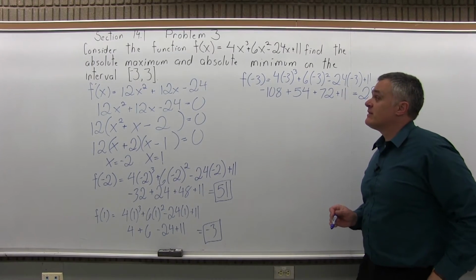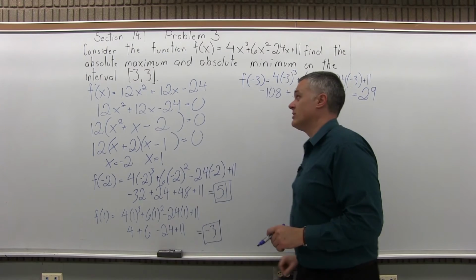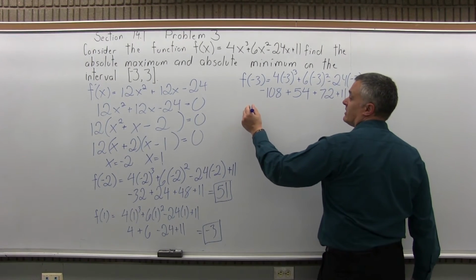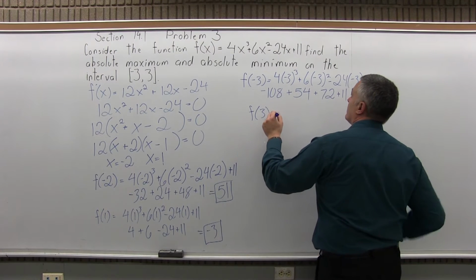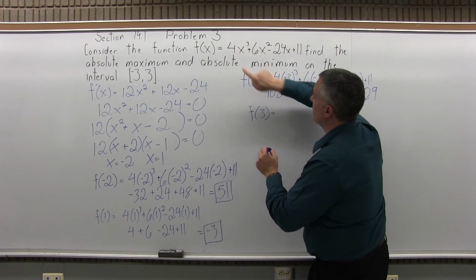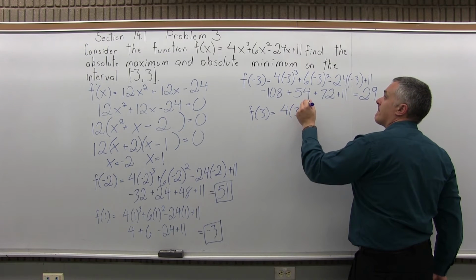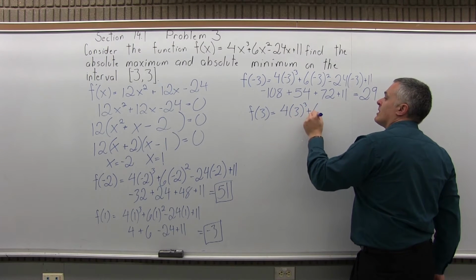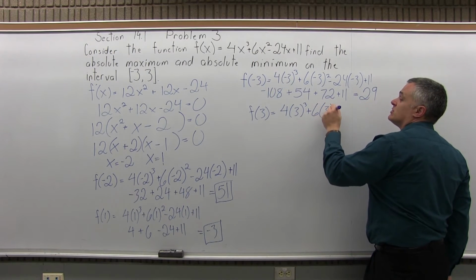So now I also have to find the height for positive 3, the other endpoint. So again, positive 3 is an x value. Find the y value that goes with it. F of 3 is 4 times 3 cubed. Plus 6 times x squared becomes 6 times 3 squared.